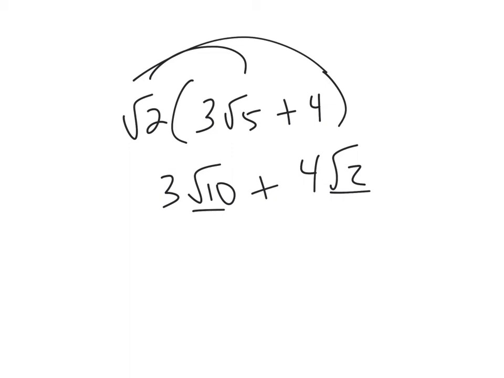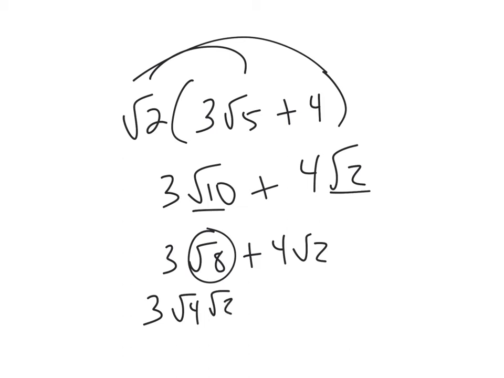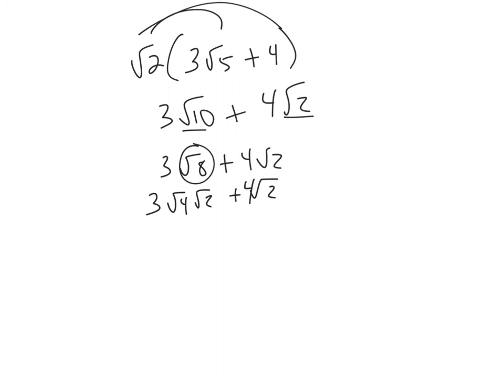You know, now sometimes maybe if I had like 3 radical 8 plus 4 radical 2, then I could reduce this guy. So I'd go, all right, well, that's 3, and that's radical 4 and radical 2. Okay, whoops. Just a second here. Need a 4 there. Okay, so now this guy reduces here, so that's 3 times 2.